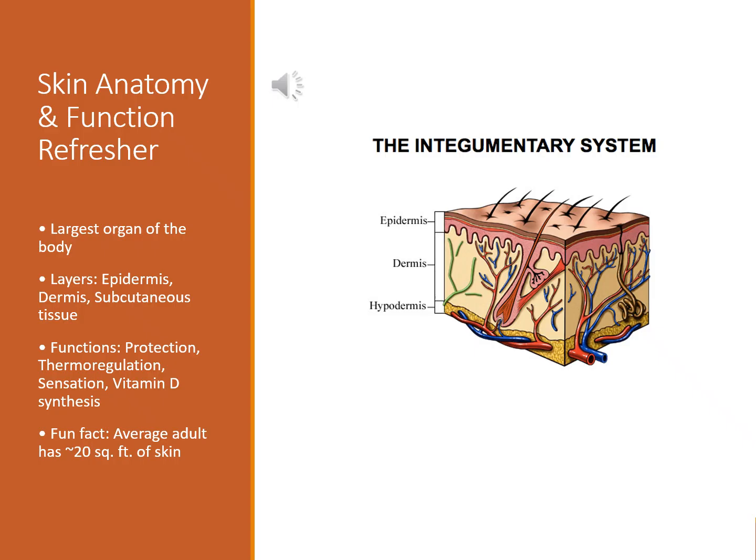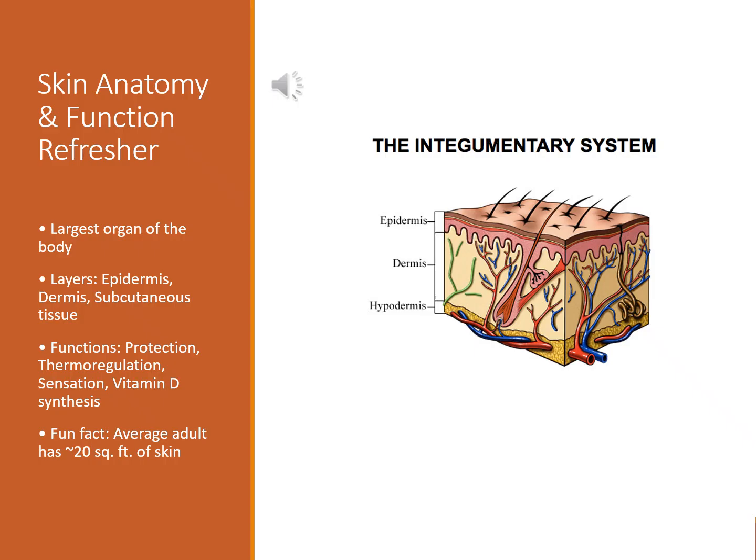For our middle layer, that dermal layer, this is the thicker layer. This contains blood vessels, nerve endings, hair follicles, different glands like sweat glands and sebaceous oil glands, and has most of our collagen and elastin fibers.